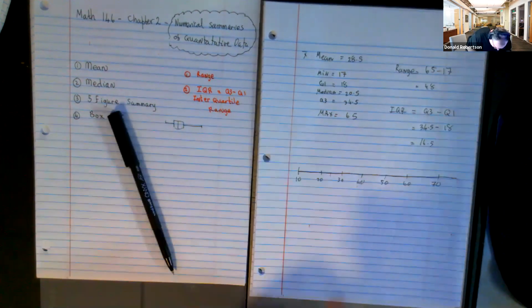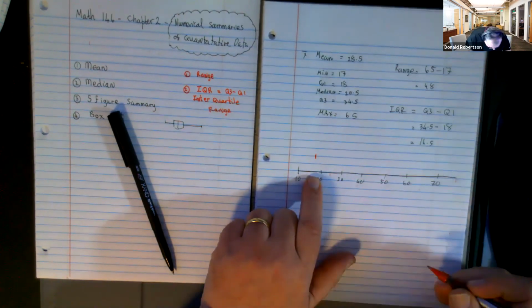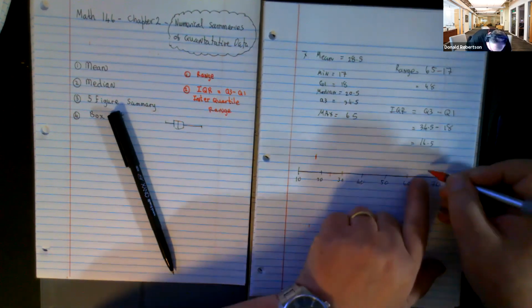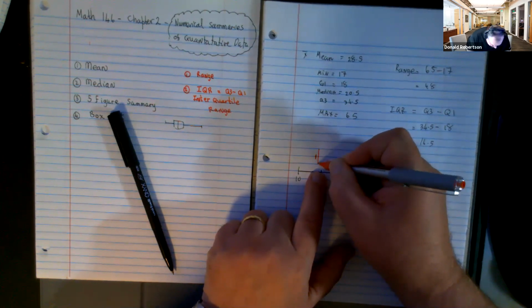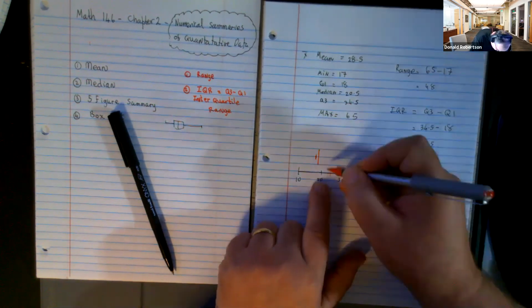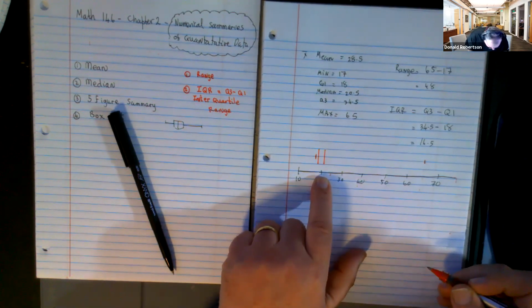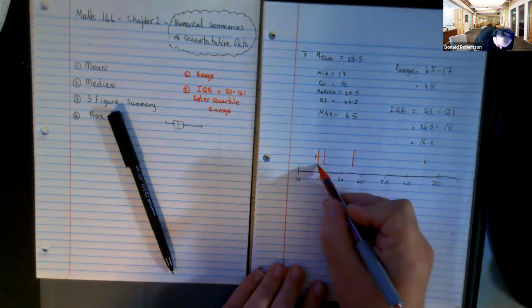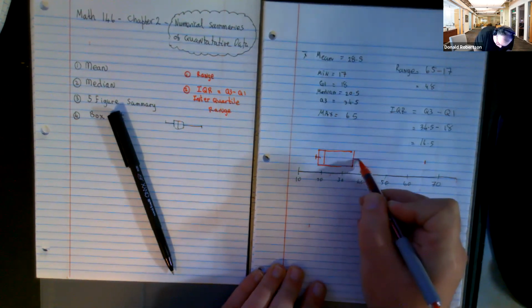Now, 17, can we pretend 17's about there? 18, oh, let's do the big guy. 65 is about here. 18 is right next door. 20.5 is pretty close. 34.5 is about there. The Q1, 2, 3 make a big box, and the little guys make some whiskers.